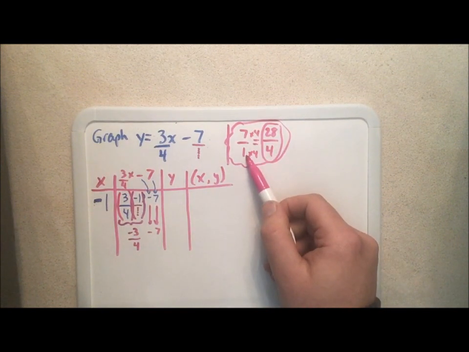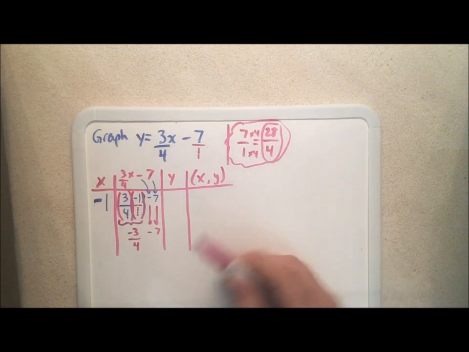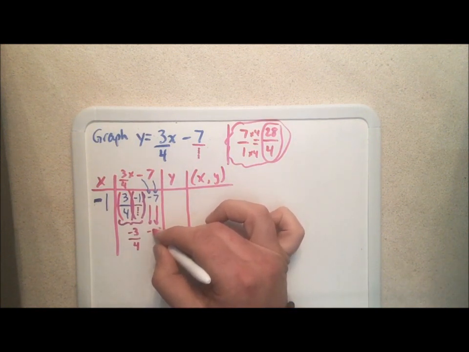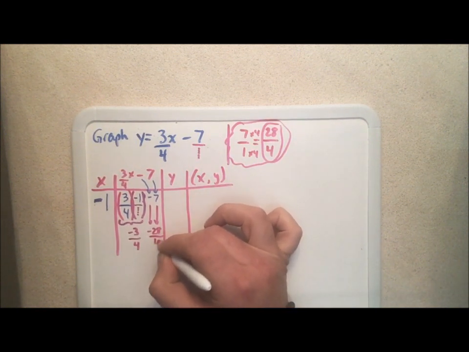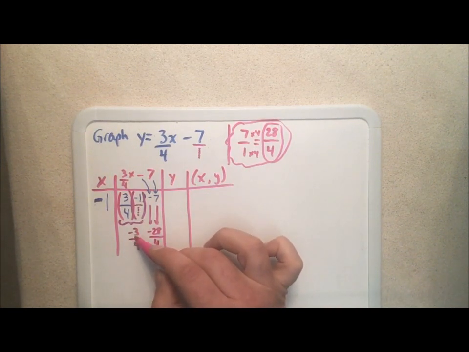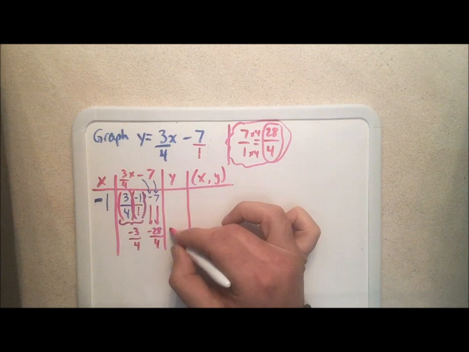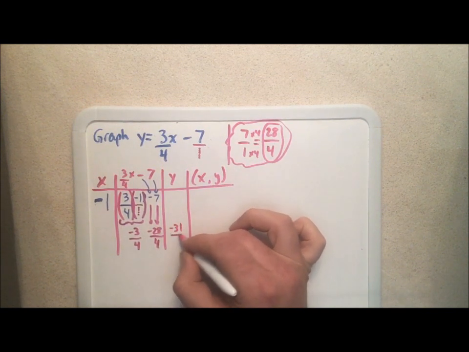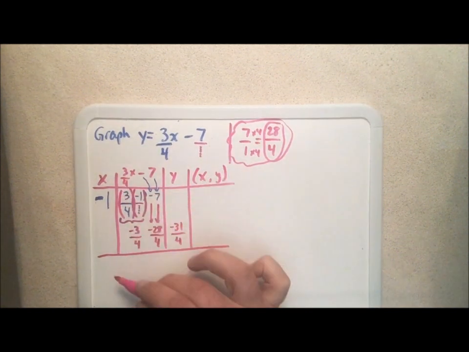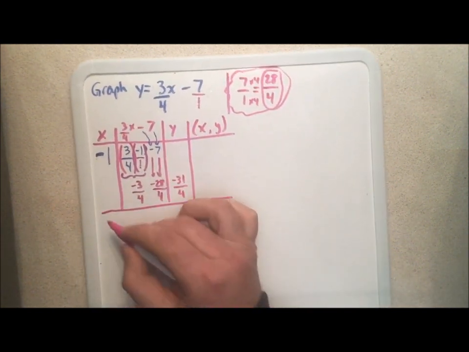If 7 over 1 is the same as 28 over 4, then maybe I should just start with that right off the bat. Minus 28 over 4. Now I can combine these because they have the same denominator. Minus 3 minus 28 makes minus 31 over 4.